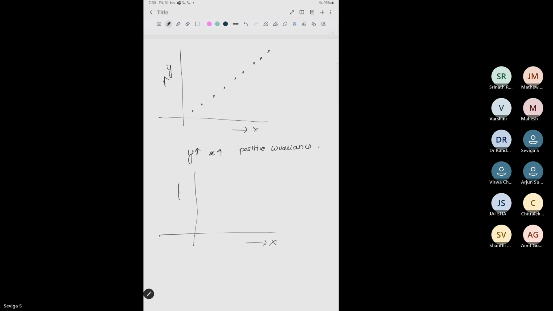Suppose here also, when y is increasing, x is increasing, but for the larger increase in y, there is only a smaller increase in x. So we can call this a weaker positive covariance.